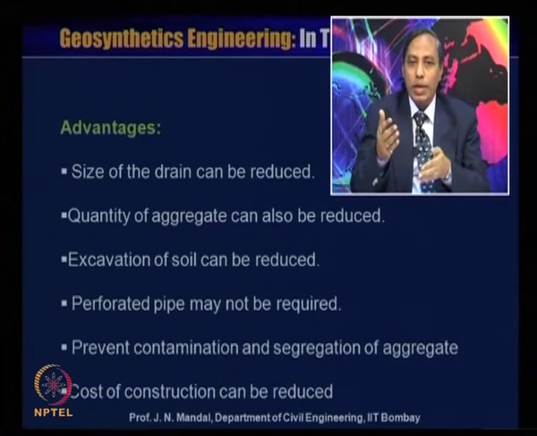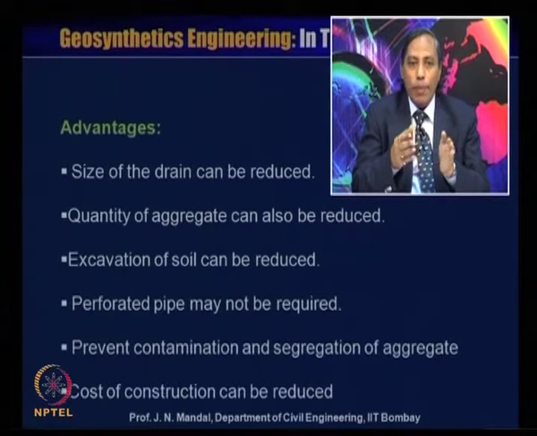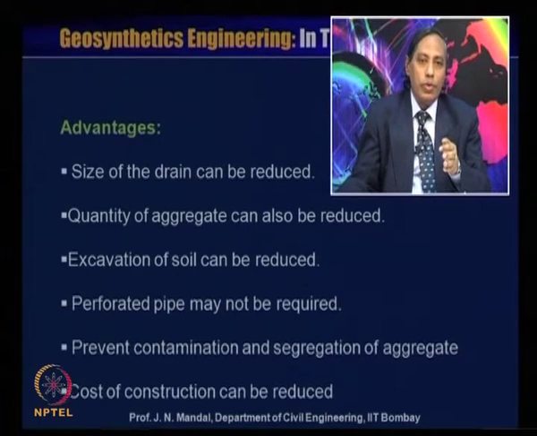So instead of 60 by 30 centimeters, you are excavating 30 by 15 centimeters. Perforated pipe may not be required. Sometimes you provide perforated pipe in the aggregate, but it may not be required. It prevents contamination and segregation of aggregate, and the cost of construction can be reduced.